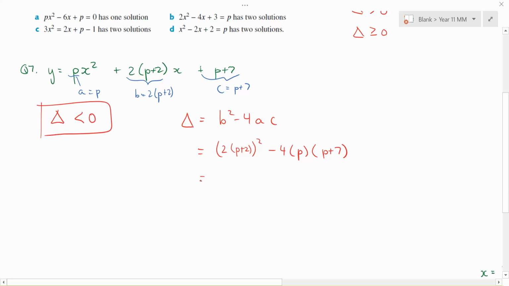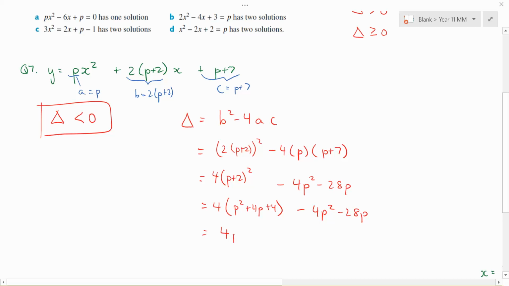Okay, I know they look complicated, but it isn't. It's just negative 4p times p plus 7. If you expand it, it's negative 4p squared, and negative 4p times 7, that's minus 28p. And over here, you're really expanding the 2 squared, which is 4, and you've got p plus 2 squared. So if you expand this even further, this becomes 4 times p squared plus 4p plus 4, minus 4p squared minus 28p.